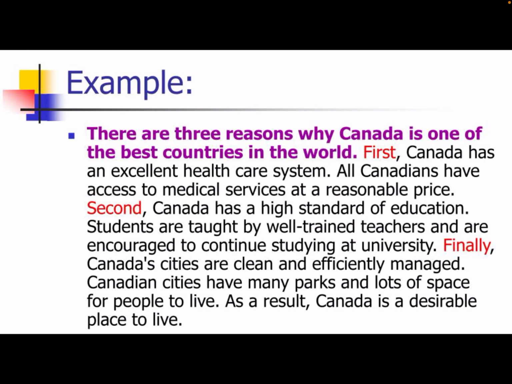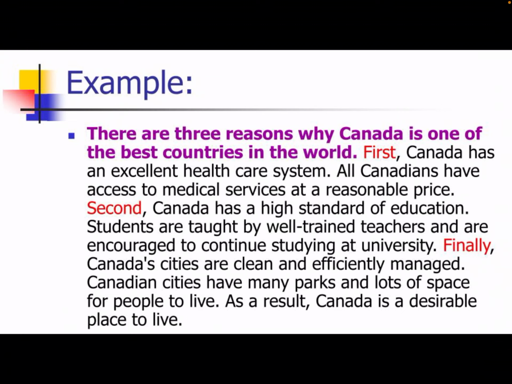All Canadians have medical services at a reasonable price. So I gave a supportive fact about how Canadians have an excellent healthcare system, and the medical services are at a reasonable price, which means it's affordable.